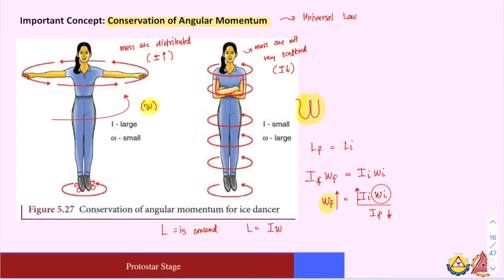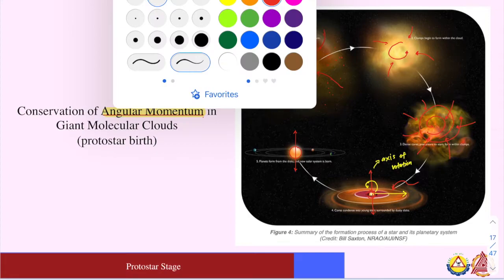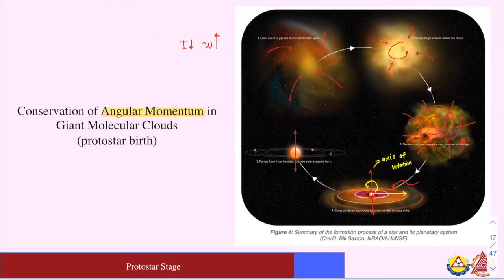But then again, these are some of the concepts that you have to learn. In the giant molecular cloud, there is actually conservation of angular momentum present, as it is bound by the laws of physics. What I'm just trying to say is that in your giant molecular cloud, initially the masses are very spread out and it's being contracted by the force of gravity.